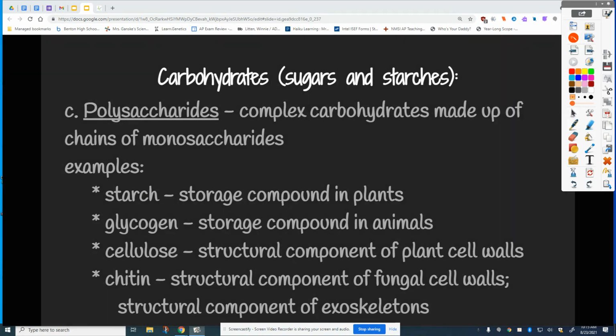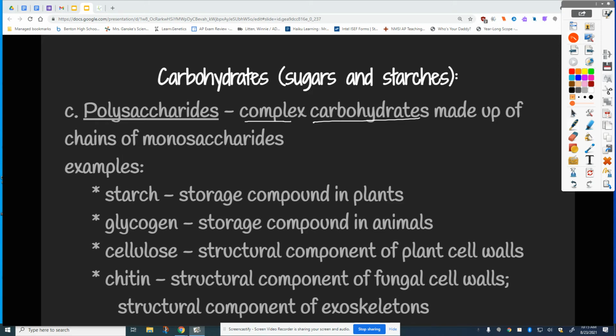Then we get to polysaccharides. Polysaccharides are complex carbohydrates. So our monosaccharides, disaccharides, simple sugars, polysaccharides are our complex carbohydrates. And it's made up of chains of monosaccharides.